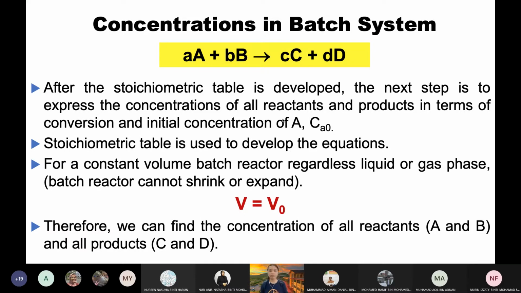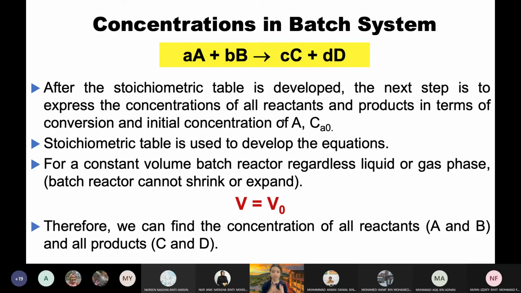However, finding the concentration has some rules. In the case of a batch reactor, when you make the table, it is the same. For liquid and gas, the table is still the same. And also, when you want to find the concentration, the same concept is applied.